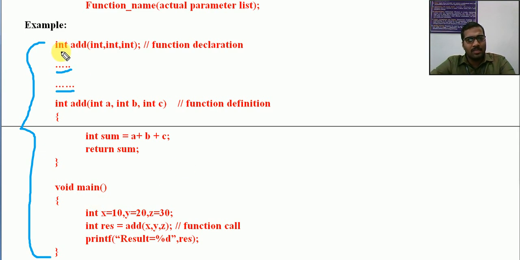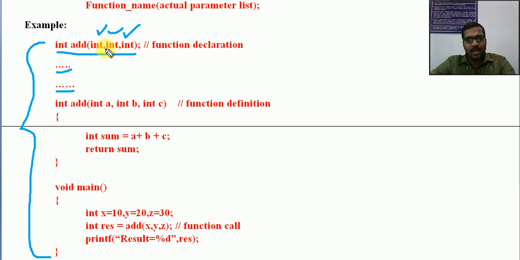First thing is, we are declaring the function. It consists of a return type. I am using integer here. The name of the function is add. Then these are the parameters. Here we actually require only the types of parameters this function is expecting.